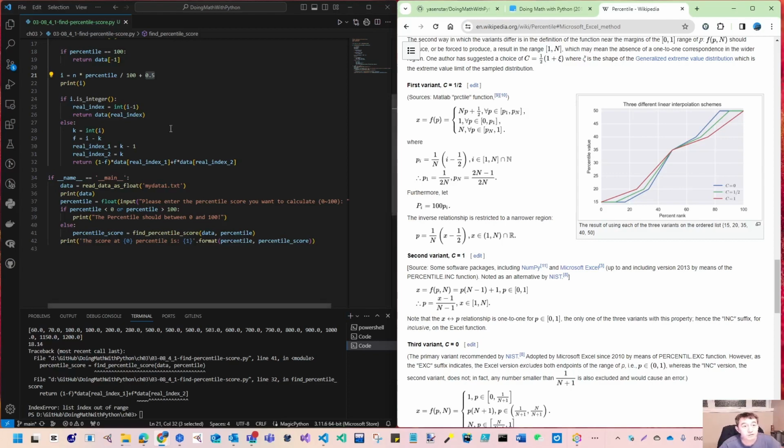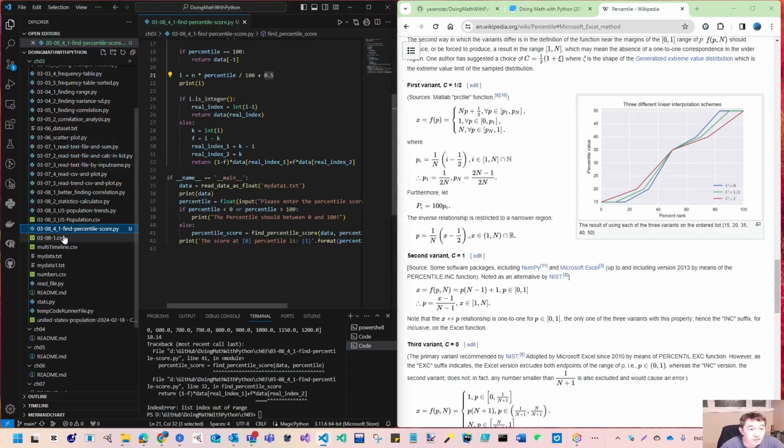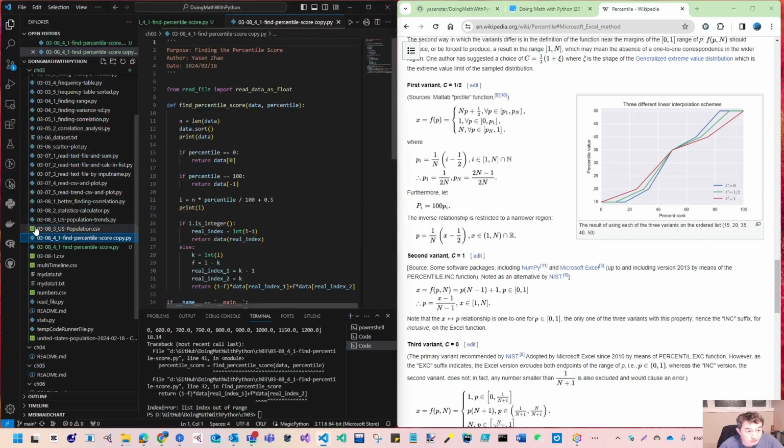So in this video, let's make another file to find percentile. Let's copy this to our number 2 and see whether the second approach can help us prevent this boundary issue. The rest of the things I think have no difference.